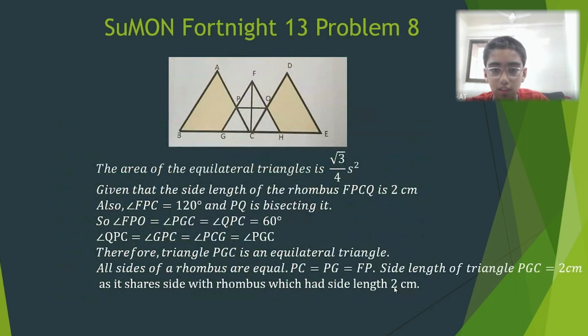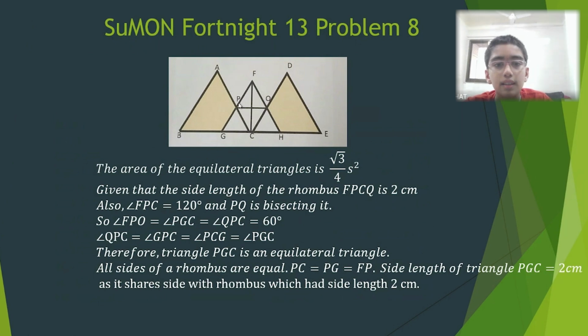So let's solve this. First of all, we need to know the formula for the area of an equilateral triangle. It is √3/4 side square. Given that the side length of the rhombus FPCQ is 2 centimeters, also angle FPC is equal to 120 degrees.